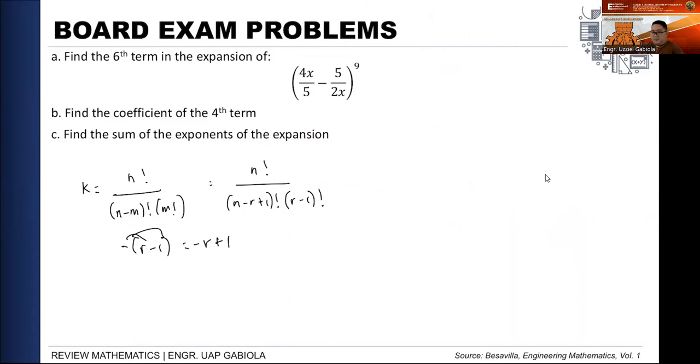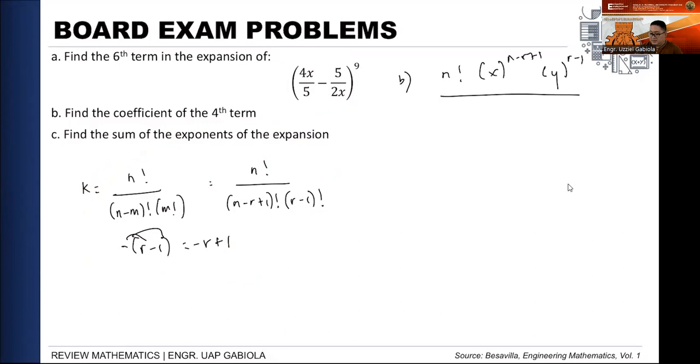Okay, so magiging problem dito is kulang yung magiging sagot mong coefficient, no? Kasi papansin natin, yung ating variable na term, meron siyang coefficient din dito. So, ang gagamitin mong formula is not only this one, but also the formula that we have used on the first one. Sa letter A, no? Which is yung buo, kasama yung x n minus r plus 1, tsaka yung y r minus 1. Okay?